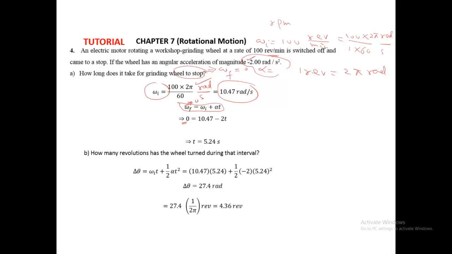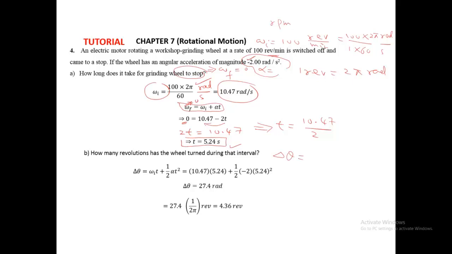So -2 multiplied by t. If I take this to the left side, I will get +2t equals 10.47, and finally t will be equal to 10.47 over 2. So you get finally this time, 5.24 seconds. Okay, now B part of the question says how many revolutions has the wheel turned during that interval.